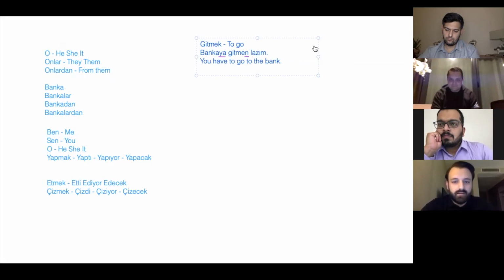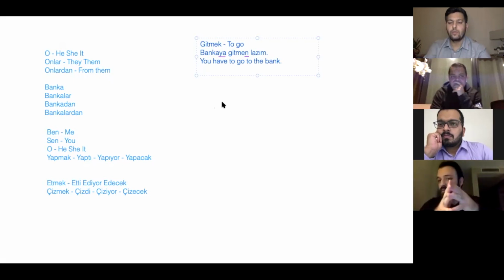Let's see if I have some examples of some of these suffixes here. Now the thing is with suffixes, these are some of the suffixes that come at the end of a word or a verb or a pronoun, and there are a lot more complicated ones that come in the middle of the words.